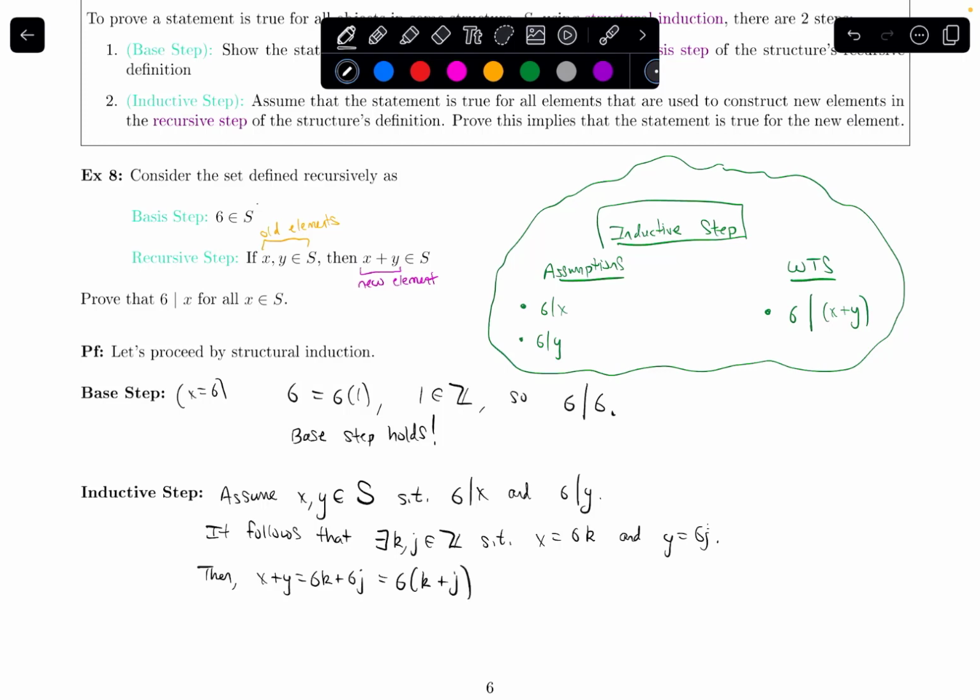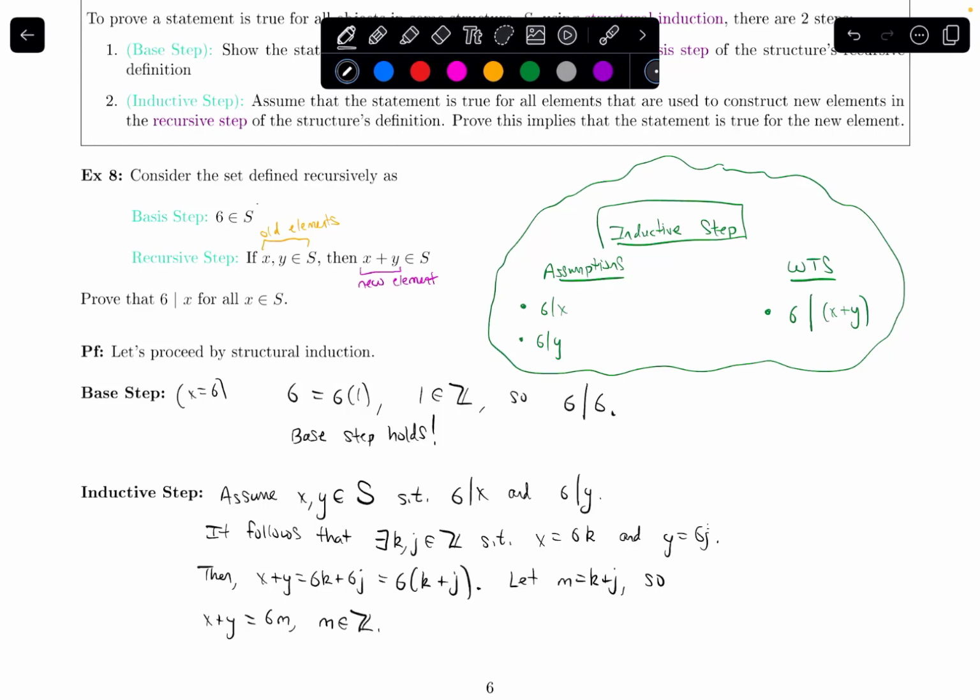Okay, and that's kind of what I wanted. I wanted x plus y to be equal to 6 times an integer. Let's relabel the thing in the parentheses so it's really clear that it's an integer. Let m be k plus j. So we get that x plus y equals 6m, where m is an integer.